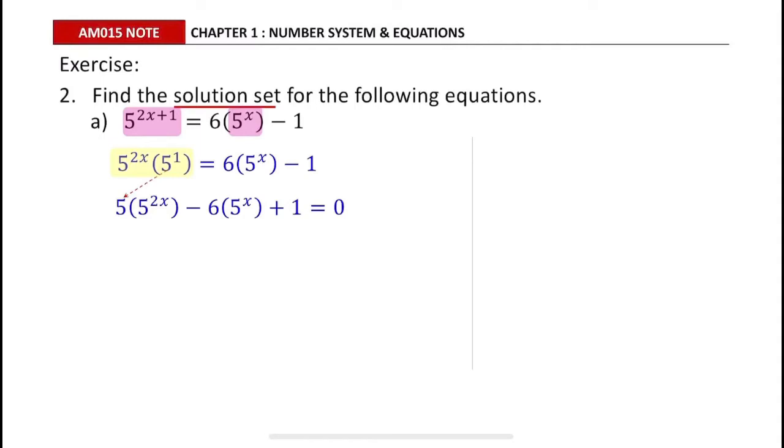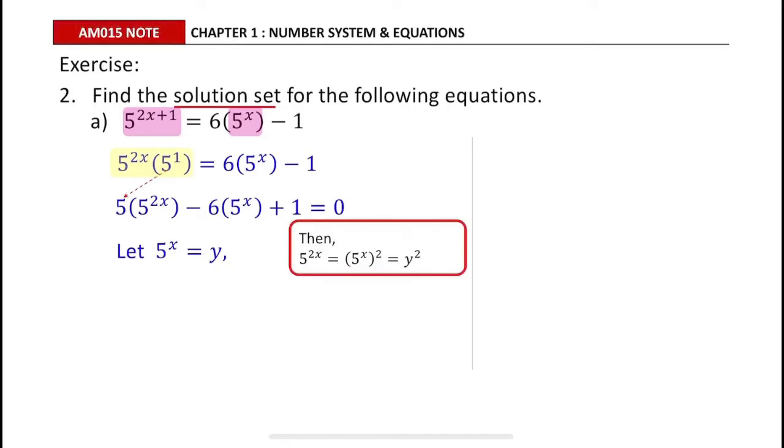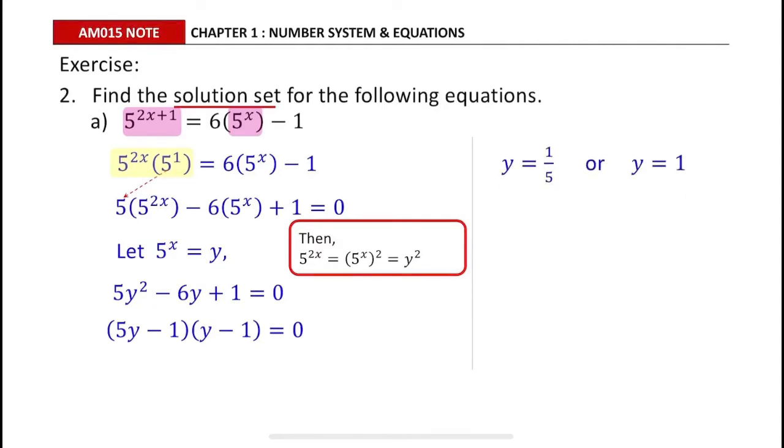So now we can use another unknown to express this indices equation as a quadratic equation. Let 5 to the power of x equal y. If 5 to the power of x equals y, then 5 to the power of 2x must equal y squared. Now we have a quadratic equation in terms of y. Use factorization to solve this equation for y. Since we want to find the values of x, we change y back to 5 to the power of x.